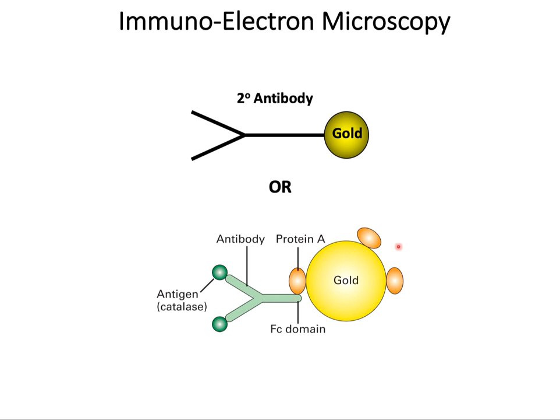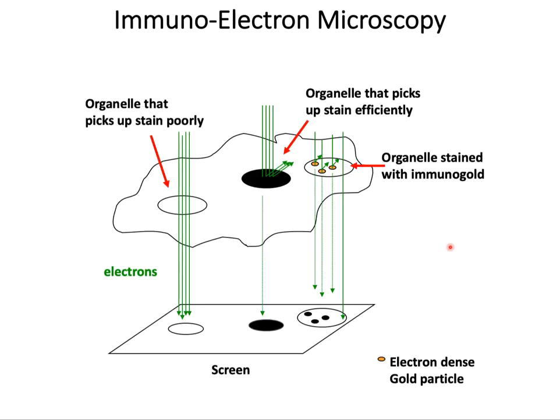This is the second way to label your primary antibody for visualization on the electron microscope. In this example, this is an antibody that specifically binds to catalase, which is found in the organelle known as peroxisome. So how does the gold particle work?